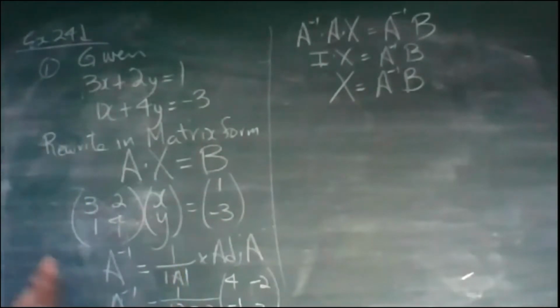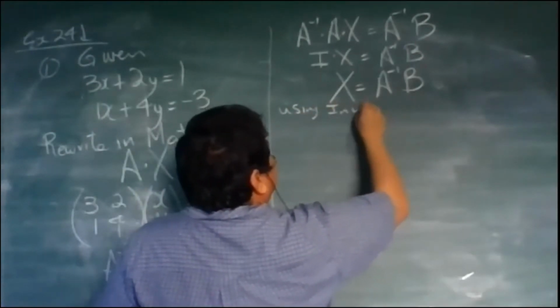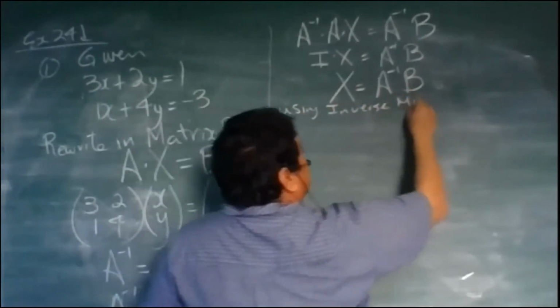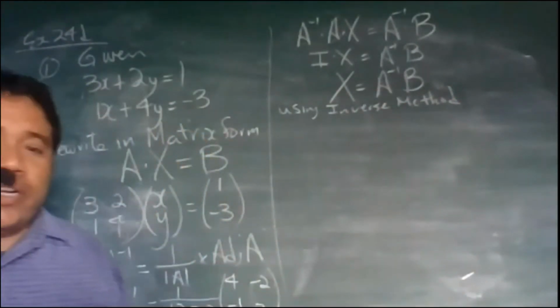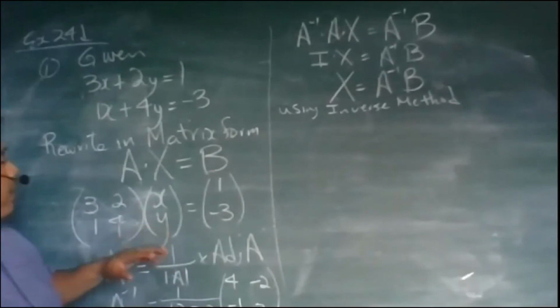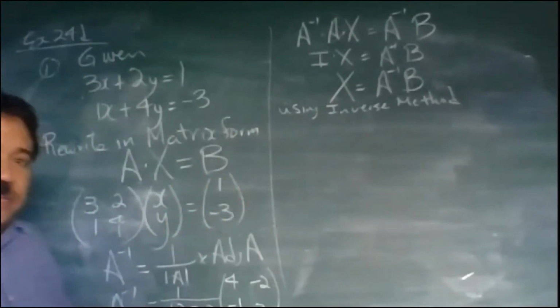So in other words, in this step, since we're using the inverse method, it will look like all we're doing is multiplying this B by the inverse we got, right?